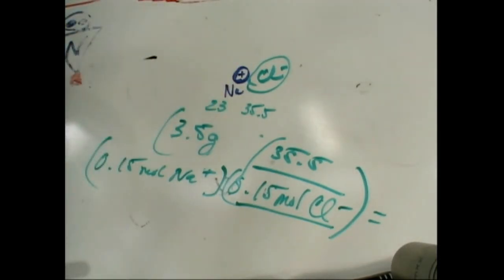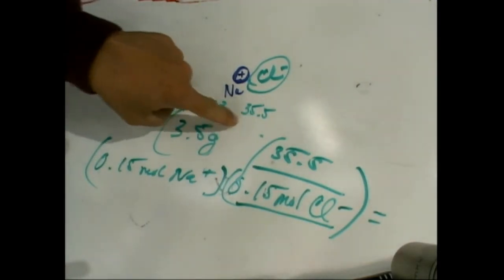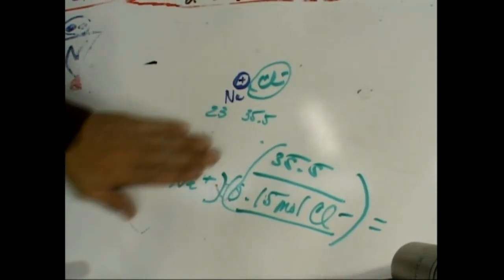That's still not going to be right. We're going to do this ballpark. 35.5 to 23 for out of each gram. 46 would almost be twice as much.